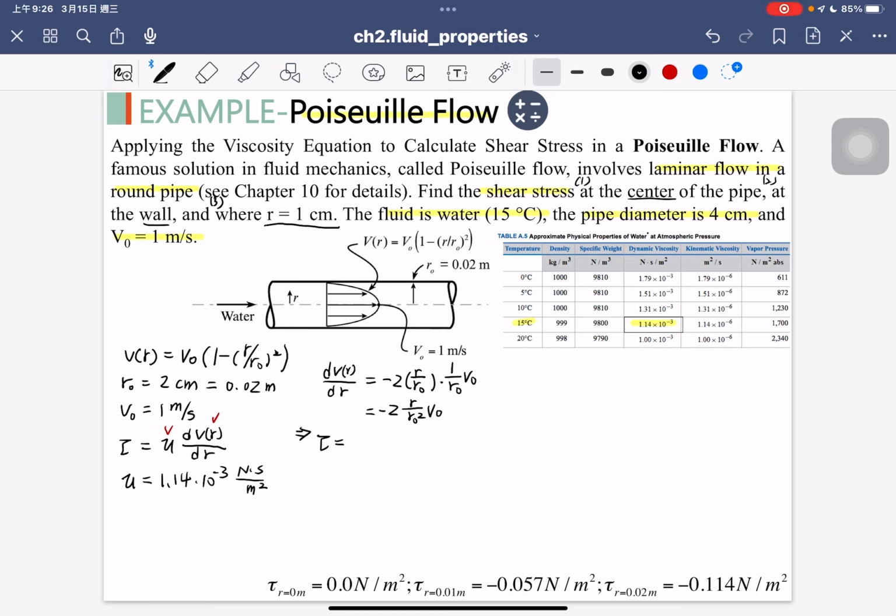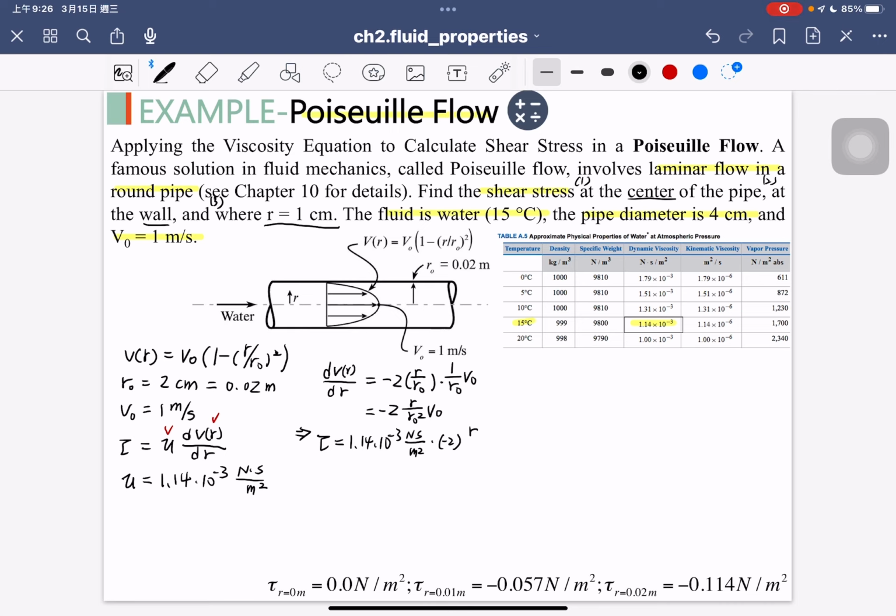So right now we actually know mu is 1.14 times 10 to the minus 3 Newton seconds per meter square, and then multiply by the velocity gradient, which is -2, and we have the r. We don't know where r is, so we keep the r.